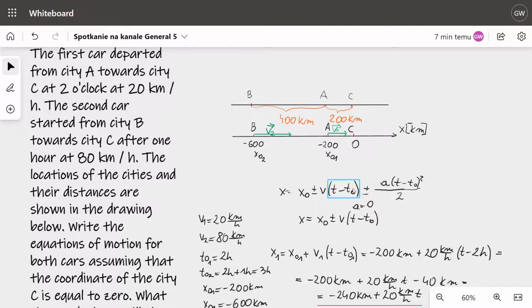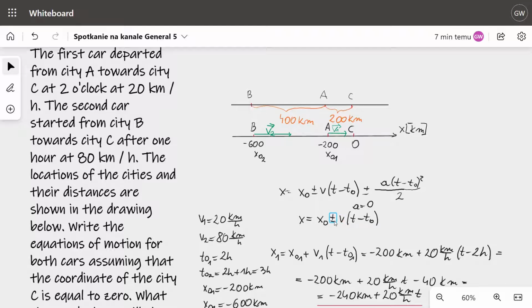Cars move with constant speed, so acceleration is equal to 0. So the third expression in this equation is equal to 0. x0 is the initial coordinate of position, and v is the magnitude of the velocity vector.